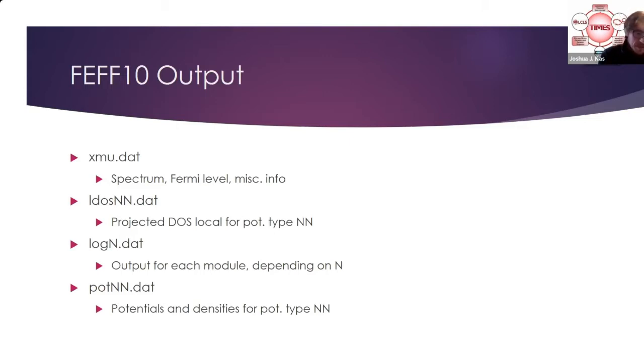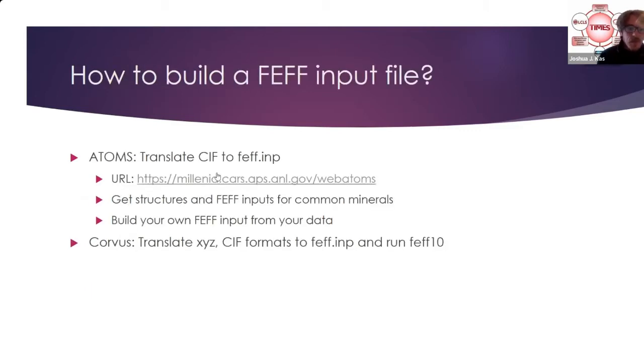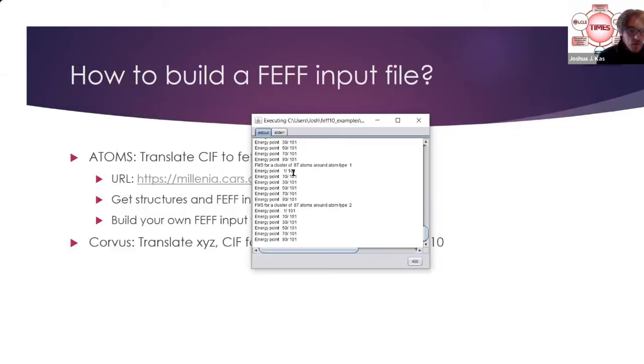Similarly, you have log files that you might look at if something happens, and then potentials, which normally people don't need, but if you ask for these potentials, then you can plot them and see what they look like and things like that.